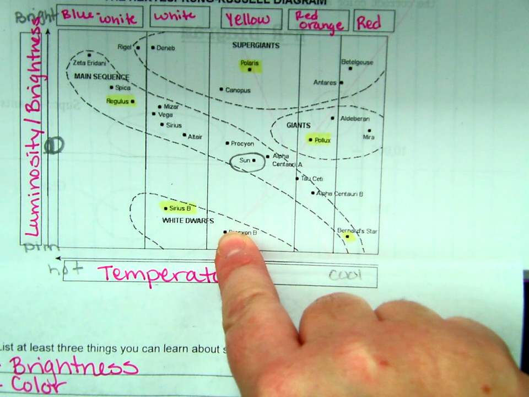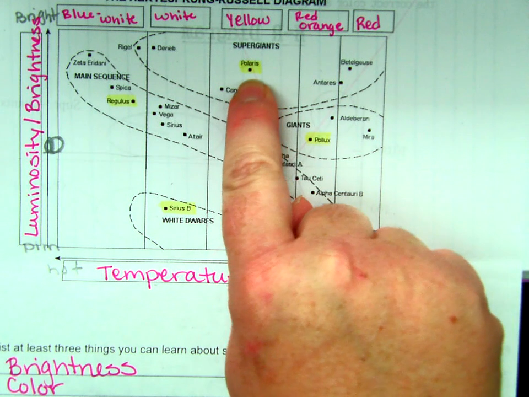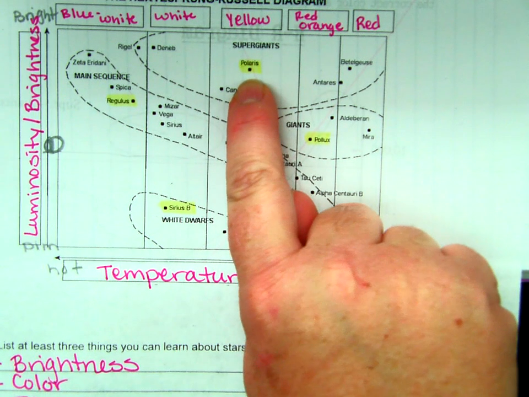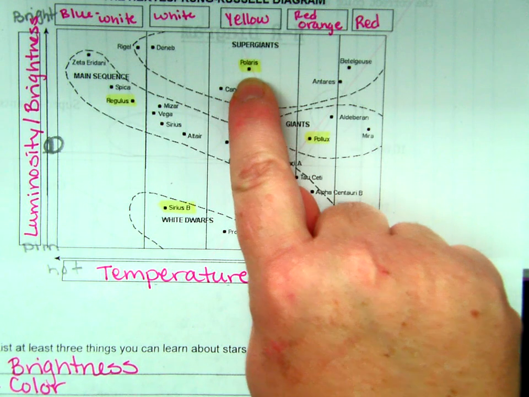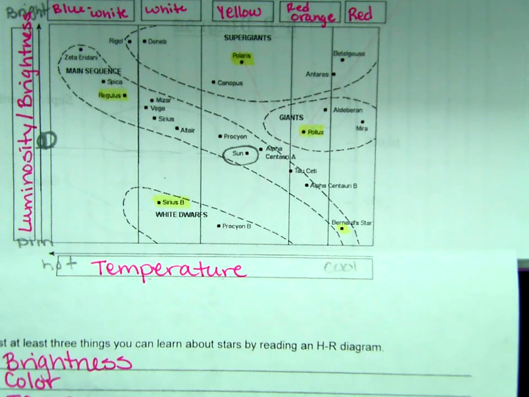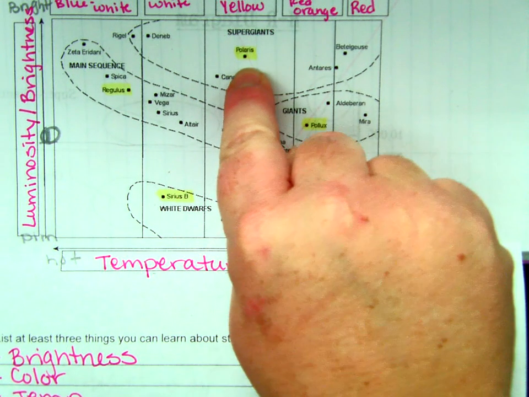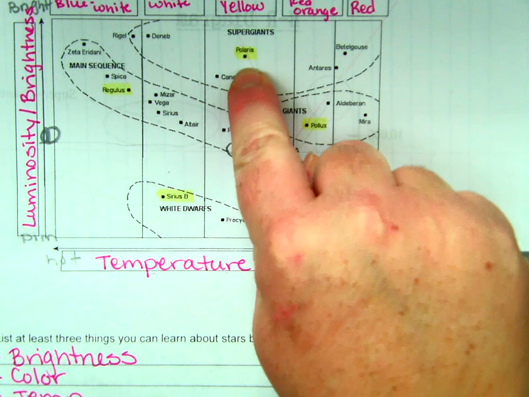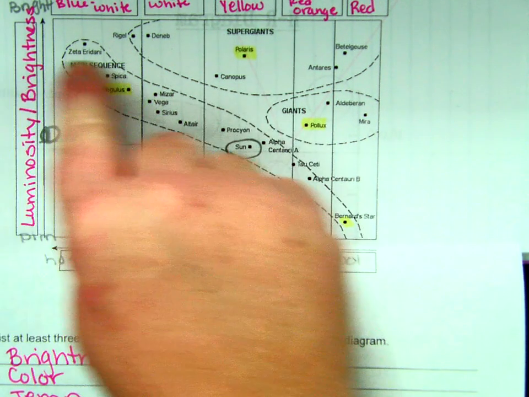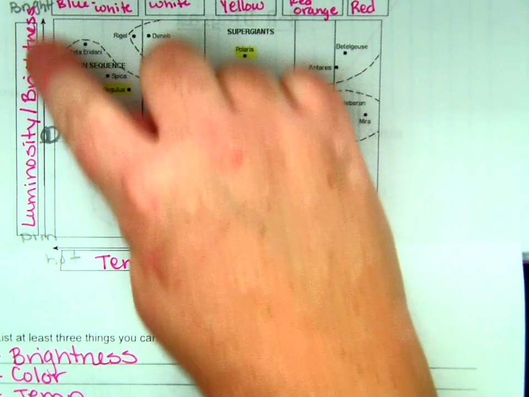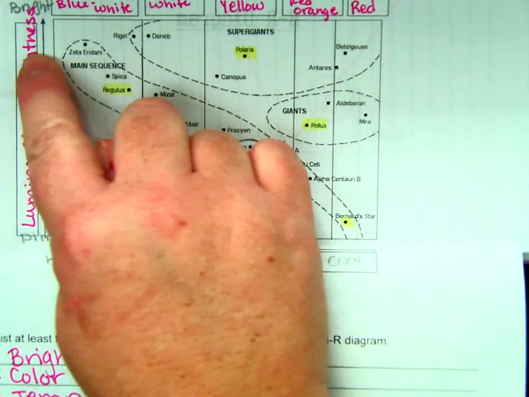Now, if I said, let's talk about Polaris, which is the North Star, and tell me the brightness of the star Polaris, you would say it's definitely brighter than the sun, and most of the charts are going to have a number here. So you would come across and say it's pretty bright.